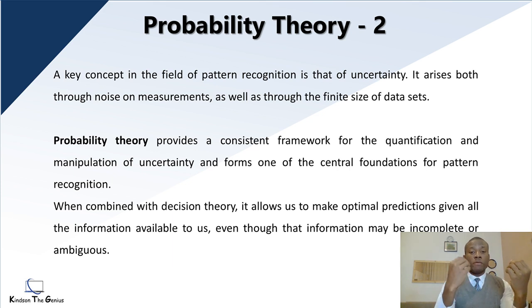So probability theory provides a consistent framework for quantification and manipulation of uncertainty and forms one of the central foundations for pattern recognition. When combined with decision theory, it allows us to make optimal decisions given all the information available to us, even though this information may be incomplete or ambiguous. So this allows the model or the system to make decisions given available information. So this is about the probability theory.